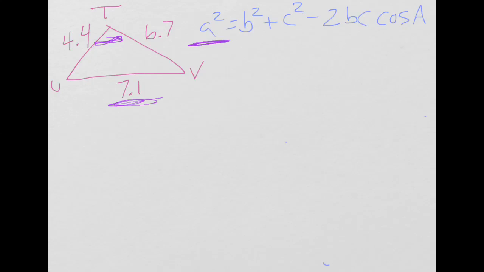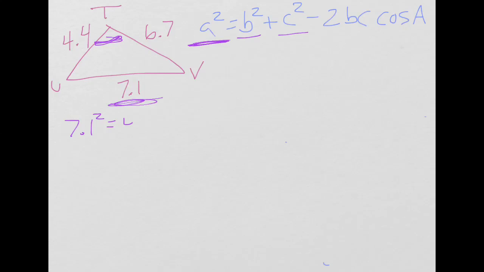That's 7.1. So if we start to write our equation, we're going to get 7.1 squared equals, and again, b squared and c squared, don't get bogged down about what b is and what c is. Those are just the other two sides.